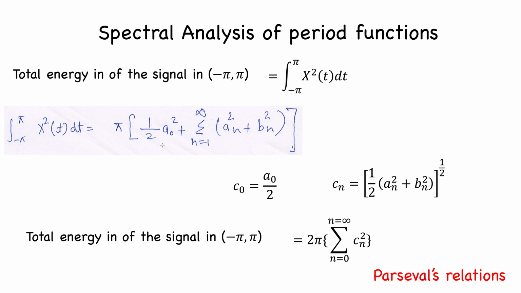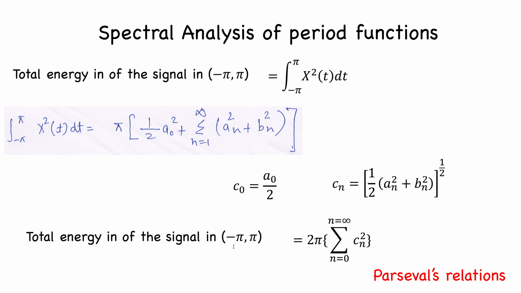To generalize this, we can write it in terms of C_n, where C_n is equal to the square root of half of a_n squared plus b_n squared, and C_0 is equal to a_0 by 2. The total energy of the signal can be written with a 2 pi outside, because otherwise it will become 1 by 4 when you square it. So that's why this 2 pi is needed outside.